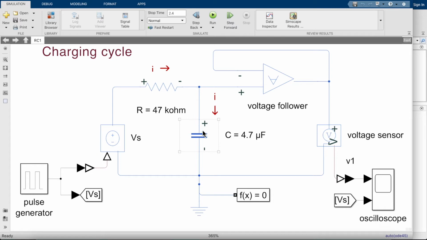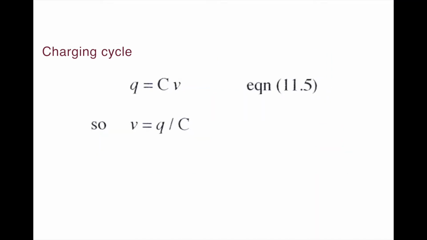How far does it go? Well, as that positive charge accumulates, it will build up voltage across the capacitor at this point here, because voltage is equal to charge divided by capacitance.